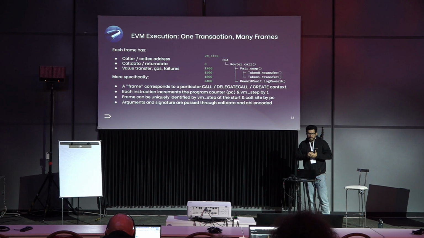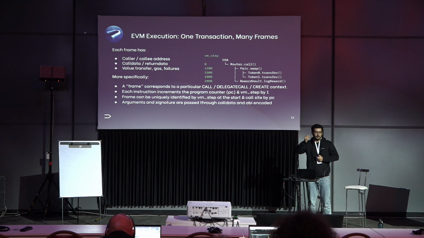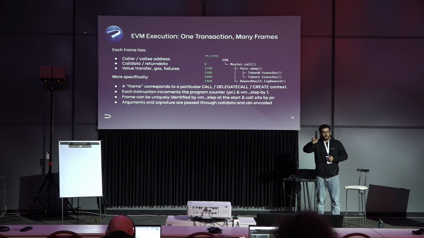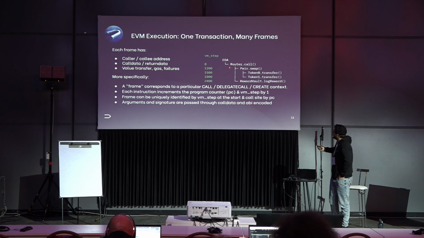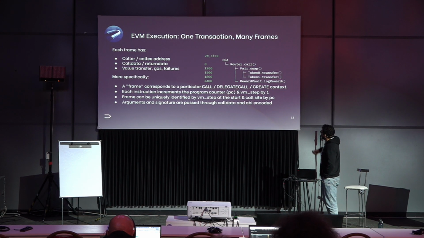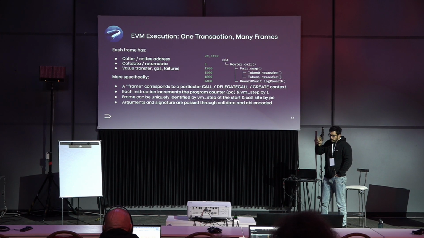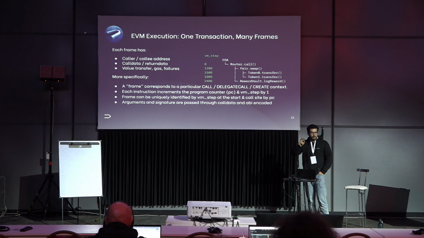So each frame really corresponds to a particular call, delegate call, or create context. So when you create a smart contract, for instance, that is also a call. If you look at this, we have two counters: the VM step and the program counter.